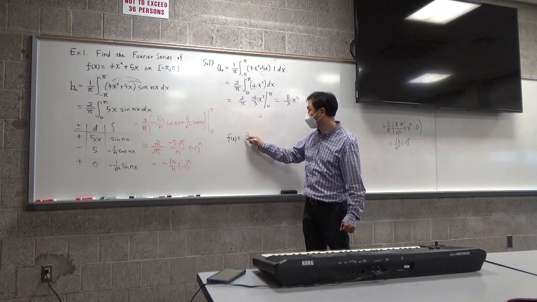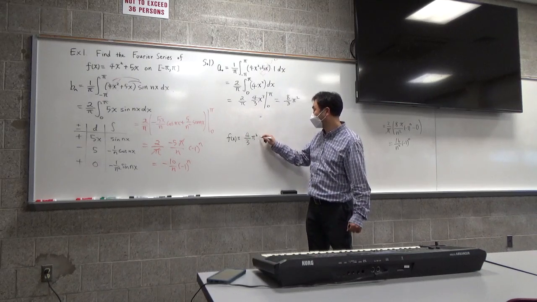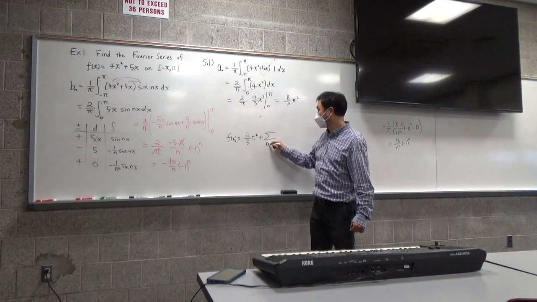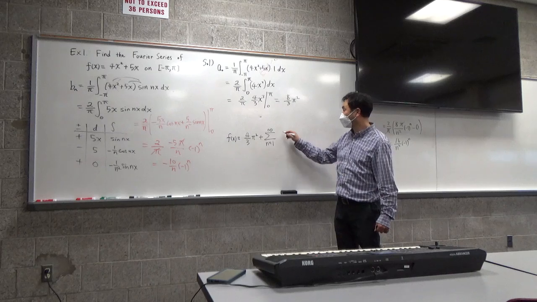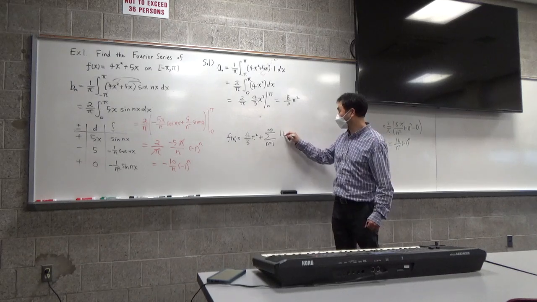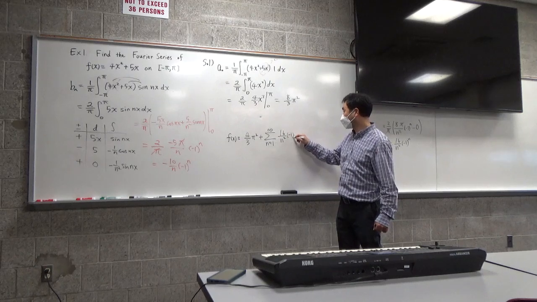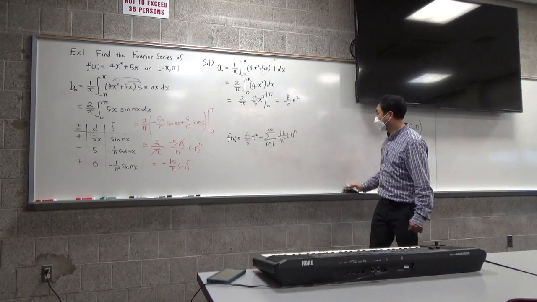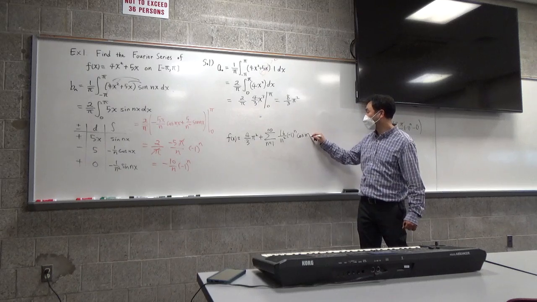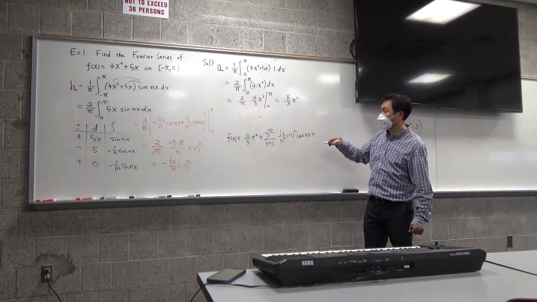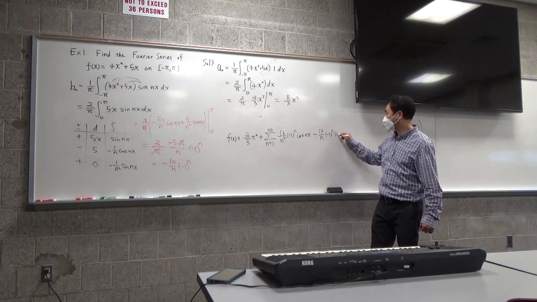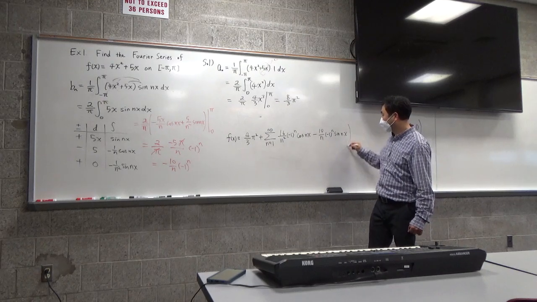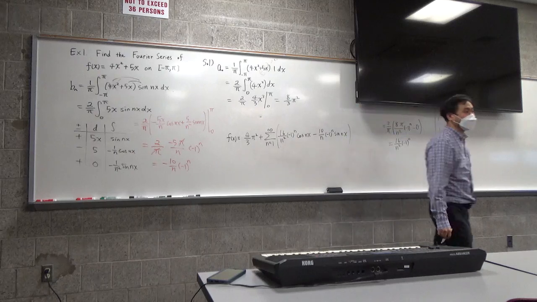So you're going to get 4 over 3 pi squared plus sigma n equals 1 through infinity of An is, what was it, 16 over n squared, negative 1 to the nth power, and then cosine nx, minus 10 over n, negative 1 to the nth power, sine nx. So that's the final answer.